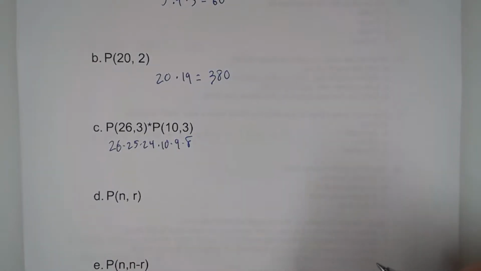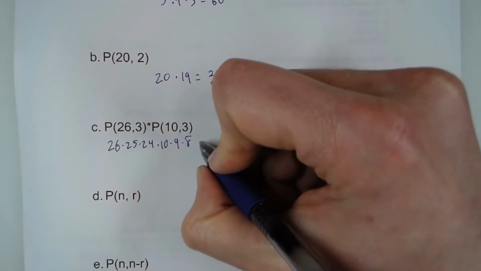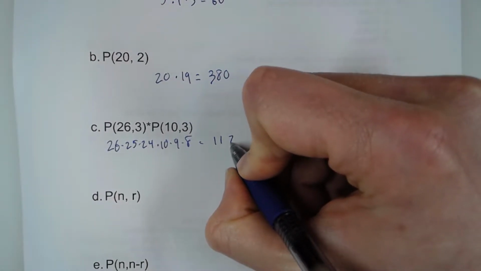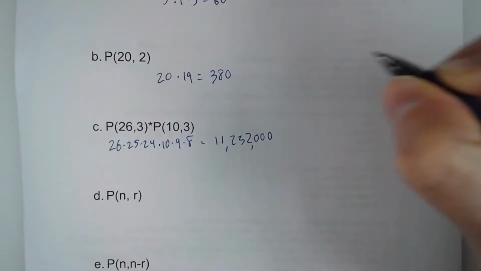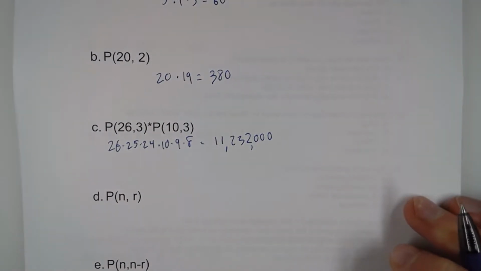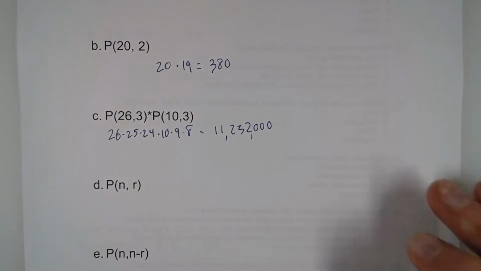And so when we multiply all of that together, 26 times 25 times 24 times 10 times 9 times 8, we get a very large number: 11,232,000.